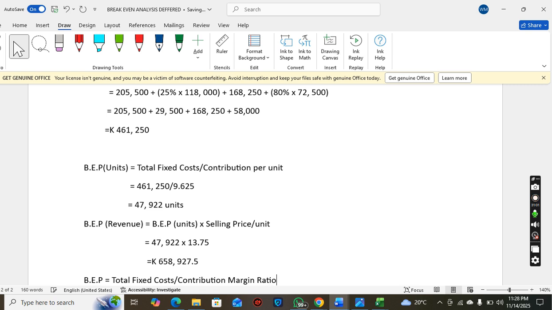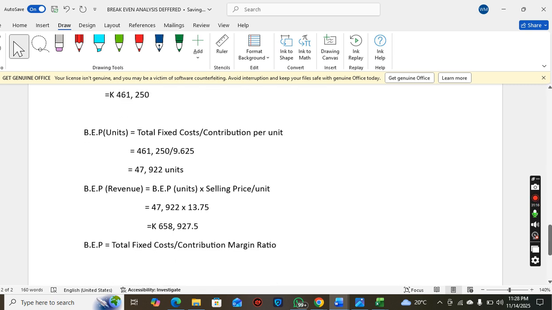The other way you can get this break even, I'll just explain a bit on it, but due to time, in your spare time, you can calculate using this other method. It's your fixed costs divided by your contribution margin ratio. This contribution margin ratio, CMR, how do you get it?